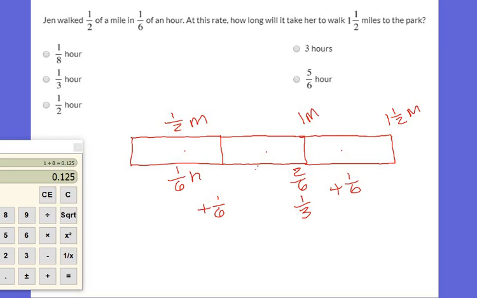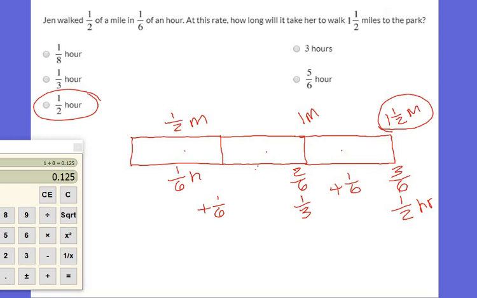So 2/6 plus 1/6 gives me 3/6, which reduces to 1/2. And this is talking about hours. So looking for the correct answer for 1.5 miles, which she wants to walk, it's going to take 1/2 of an hour, or 3/6 of an hour, which would be this option there.